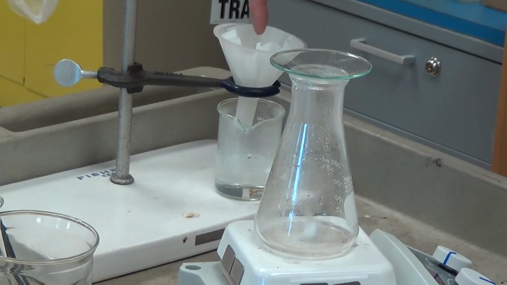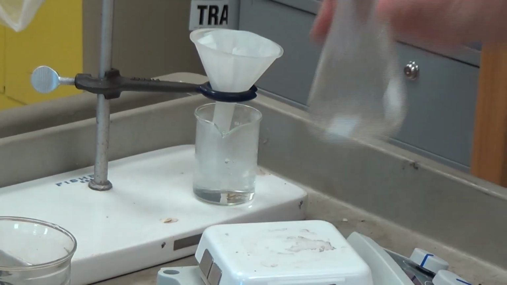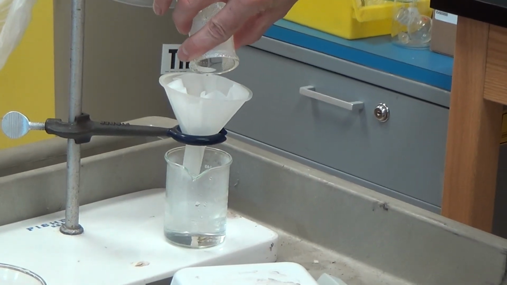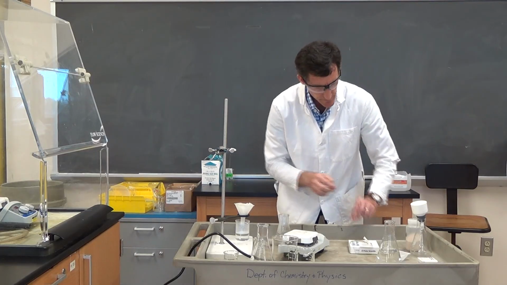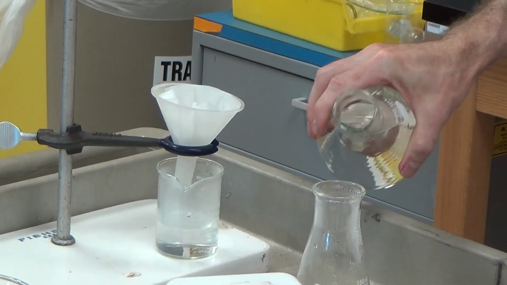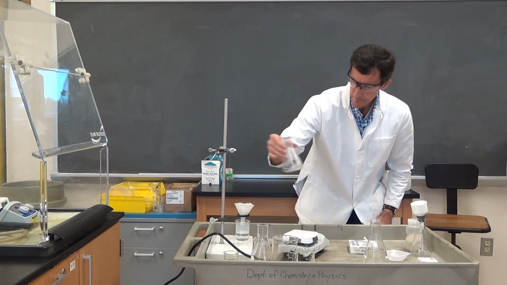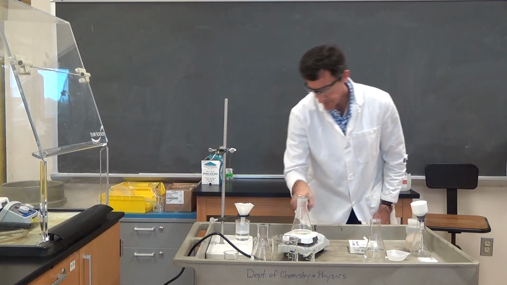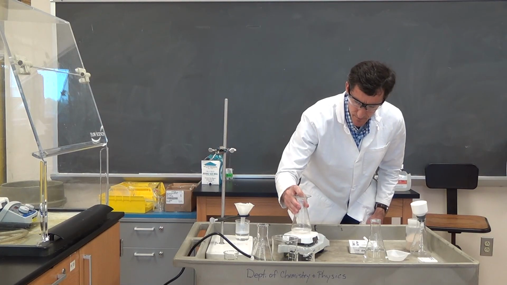A little bit of product up here. We can chase that through. Stir bar went in there. A little bit of compound in here. I can take a little bit of my solvent. Get this hot again. Now my stir bar is not in there, so I want to be careful. I don't want this to start spattering.